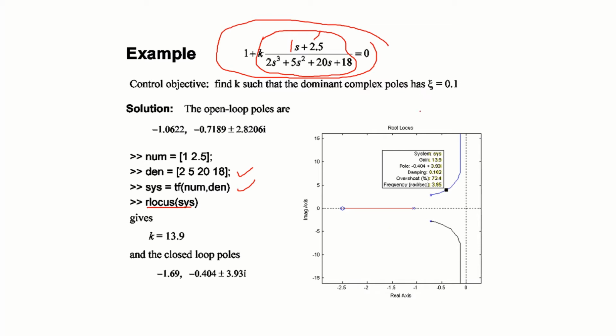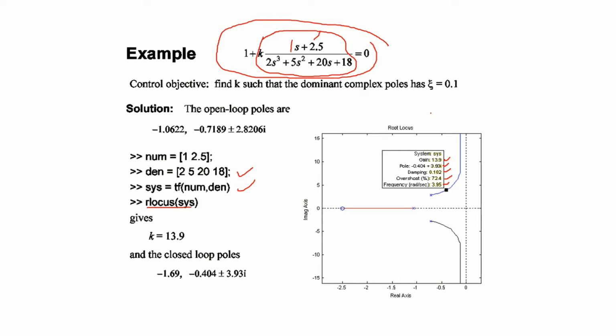Okay. Now after drawing the root locus, you can move your cursor. As you move the cursor over the root locus, it will show you the gain k, the closed loop pole, damping value, and what the percent overshoot will be, and also the frequency.